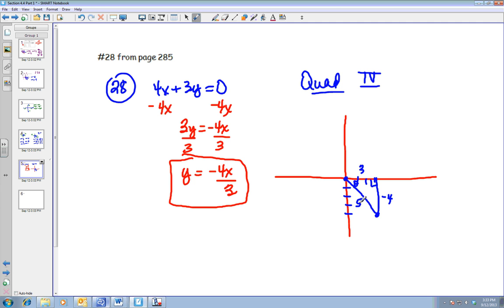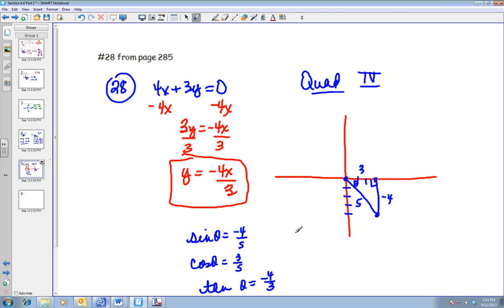So now they asked for the six trig functions. Sine theta. Sine is my y value over r, or opposite over hypotenuse. That's -4/5. Cosine theta is x over r, so 3/5. Tangent theta is y over x, so -4/3.